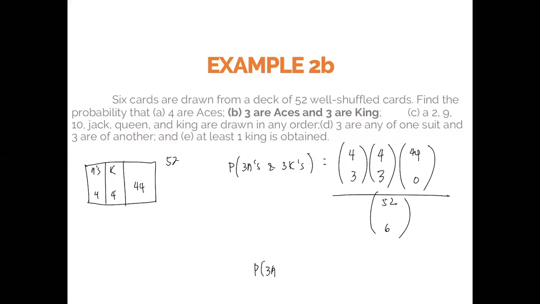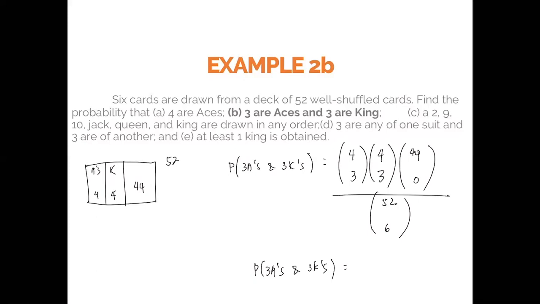So, yung probability natin para makuha na 3 ace and 3 kings is 4C3 times 4C3 times 44C0. Okay? Over 52C6.